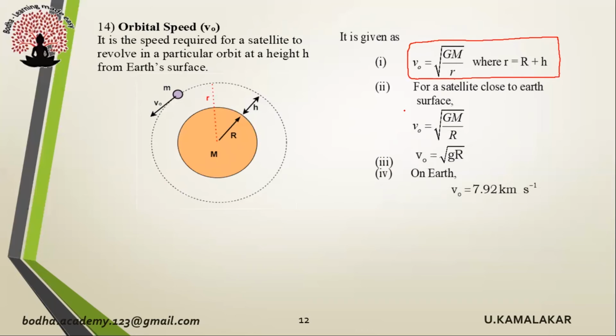In such case, V0 is equal to under root capital G capital M by R. Also, V0 is equal to under root small g into capital R. On Earth, the value of V0 is 7.92 kilometers per second.